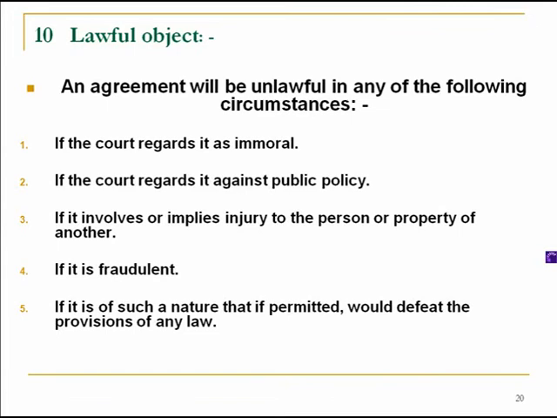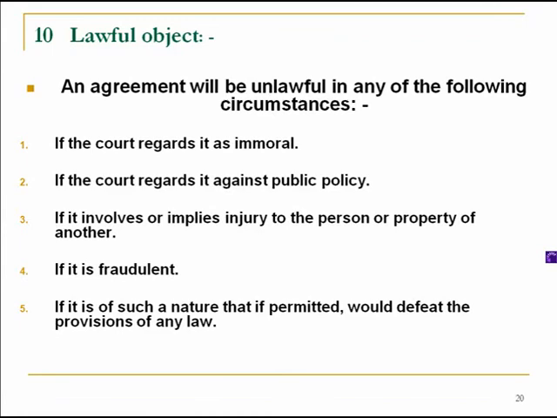So what are the points that help us measure what is unlawful or lawful? First is, if the court regards it as immoral, if you have objectives or consideration which do not carry morality, which are purely immoral, known as unlawful objectives. Secondly, if you are doing something against public policy, known here as unlawful purpose.